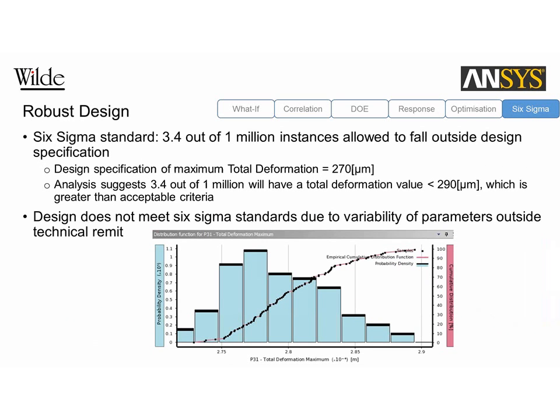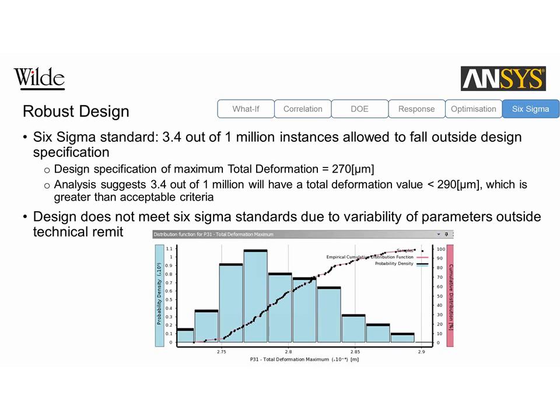Once we run the Six Sigma analysis, we get the graph shown on the screen over here, which basically tells us the probability of it meeting our design criteria. For those who are unfamiliar with the Six Sigma standard, it basically states 3.4 out of 1 million instances are allowed to fall outside the design specification.